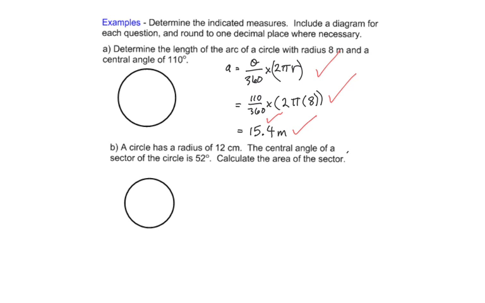Now, let's do B. A circle has a radius of 12 centimeters. The central angle of the sector of this circle is 52 degrees. Calculate the area of the sector. Just like before, you're going to get 1 mark for setting up the equation. Boom, 1 mark. The next mark you'll get is for setting up the appropriate substitutions.